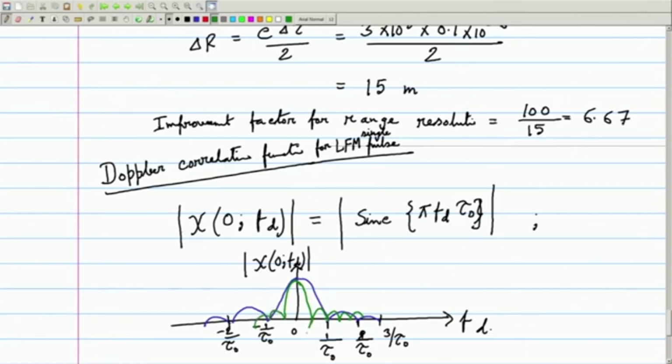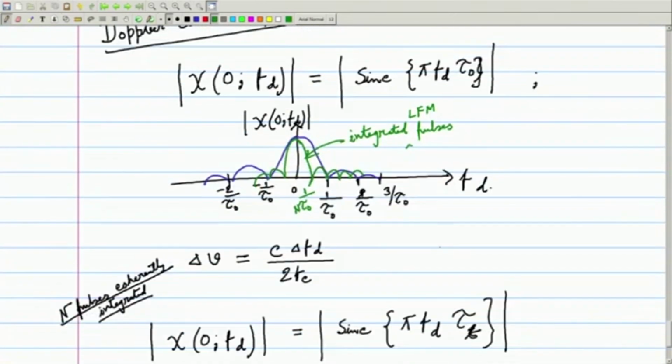What is this point? This point is 1 by n into tau naught. So, this is with integrated LFM pulses. That benefit you will always get.